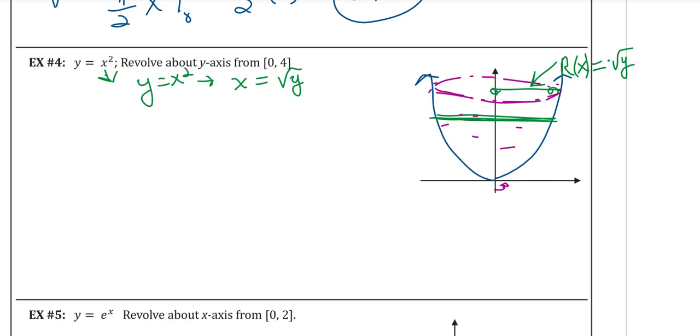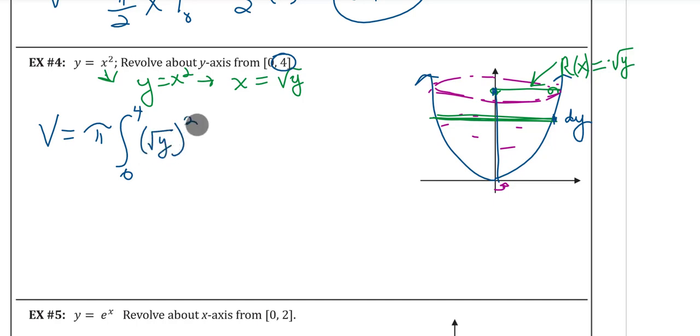Okay, so the other thing that we do know is now we have our dy this way. Our dy is here now. That's our h, our height, our width. So our volume is going to be pi times the integral, and this goes to 4. That's going to be how high up we are here. 0 to 4 of our r squared, so that's going to be the square root of y squared, times our width, which is dy.